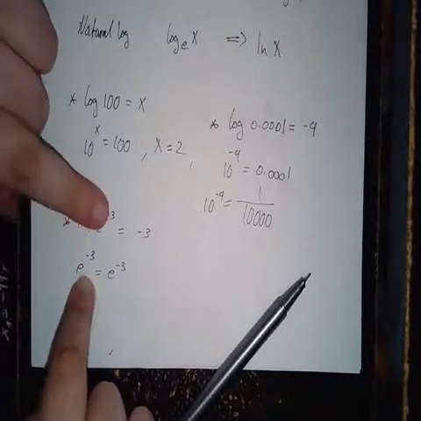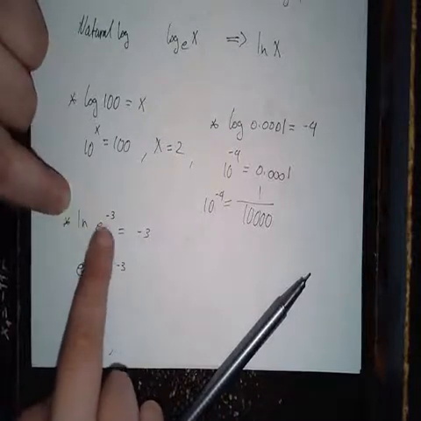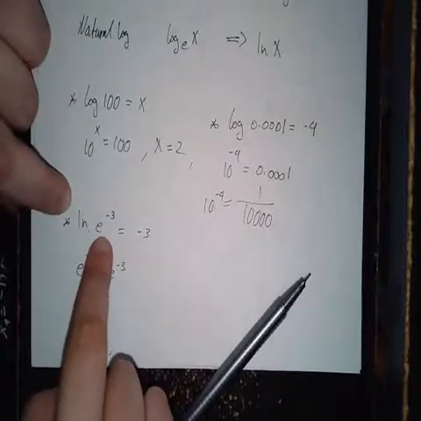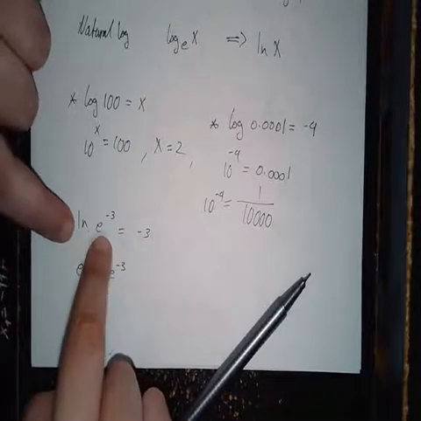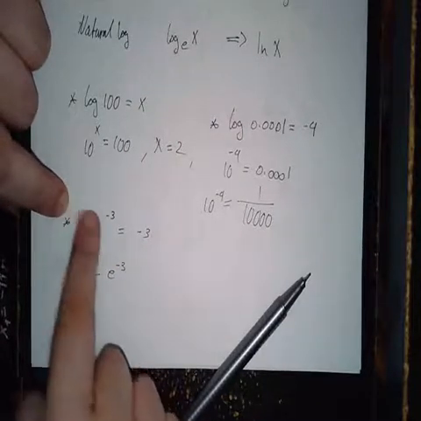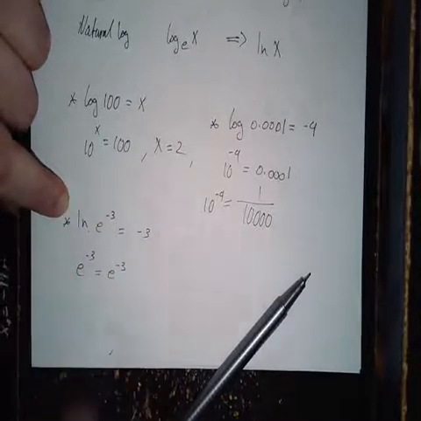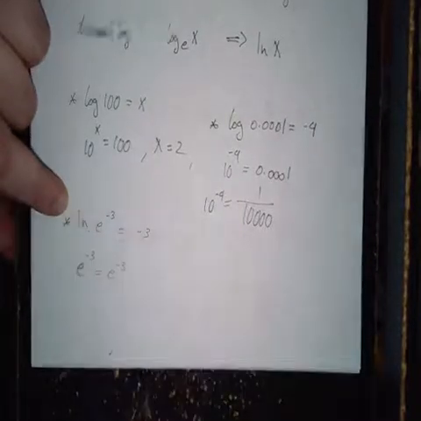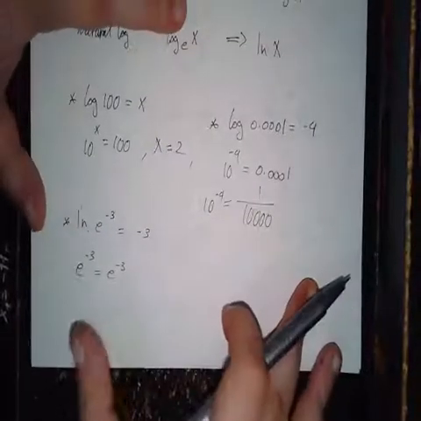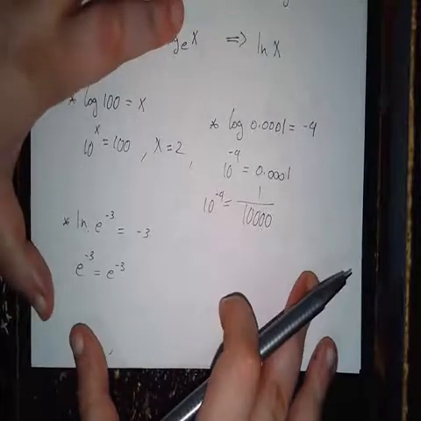So in this one, it was supposed to be e to the negative 3rd, and I plugged in e to the negative 3rd inside. The log and the exponential are going to cancel, and you're going to end up with the power. But I'm going to explain that later. Okay?